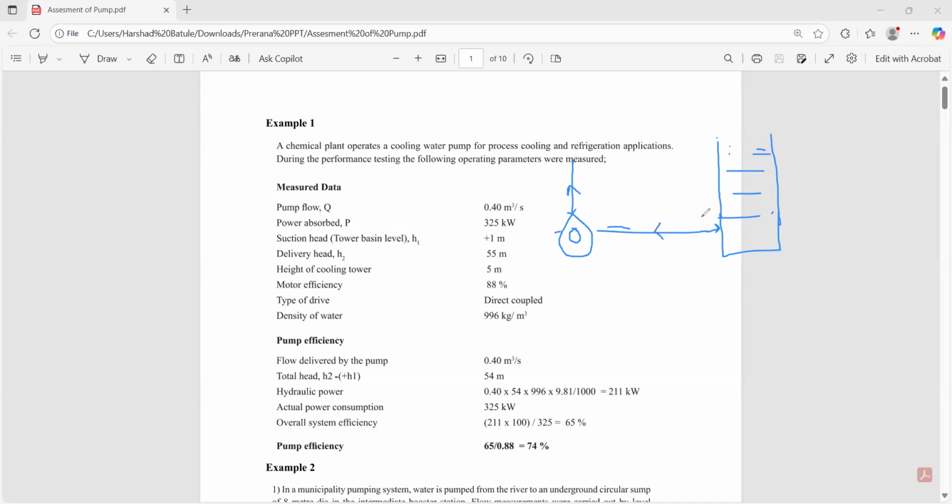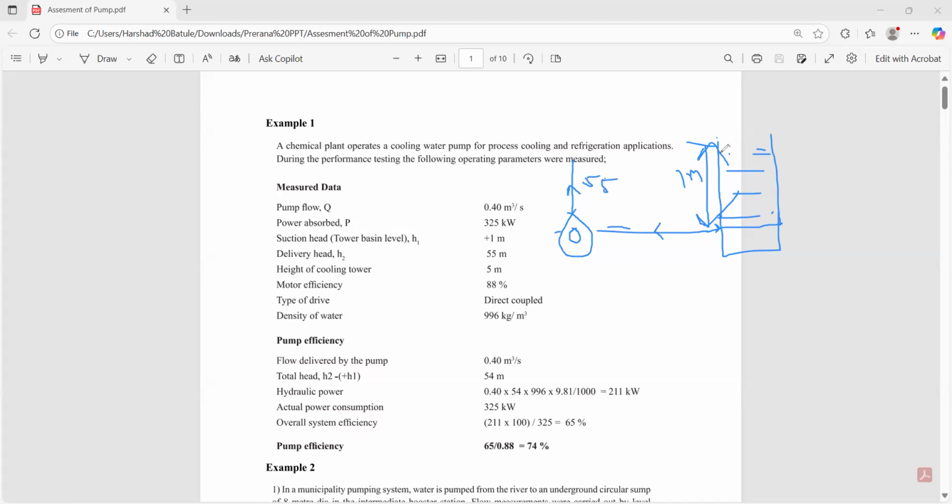If water flows freely from here, your suction head is 1 meter, and your delivery head is given as 55 meter.